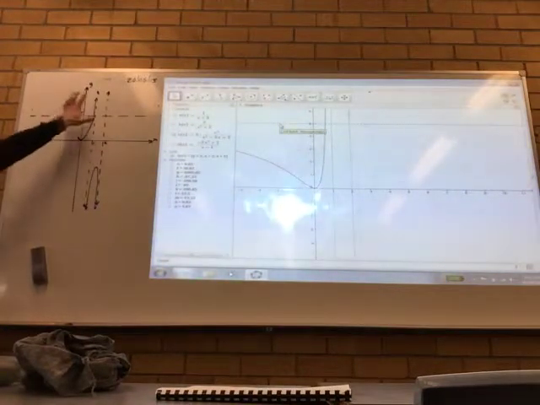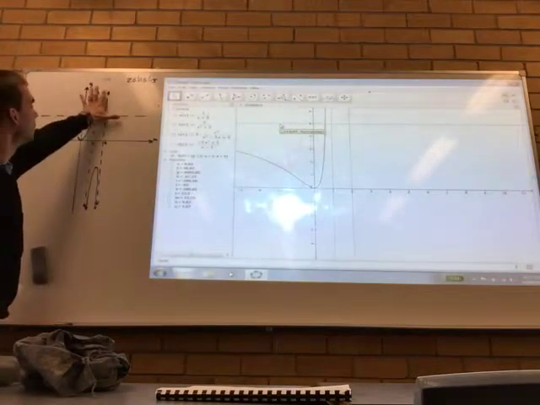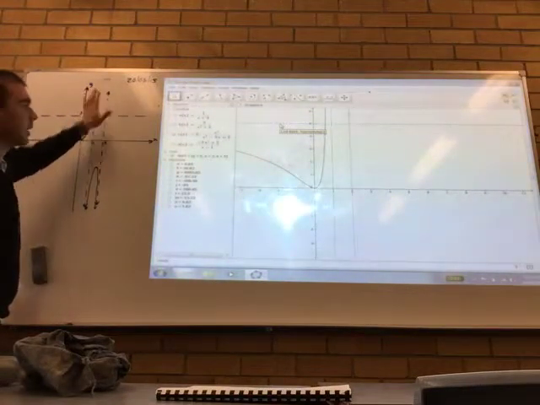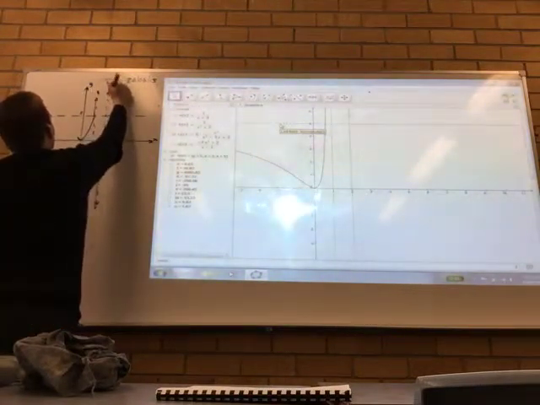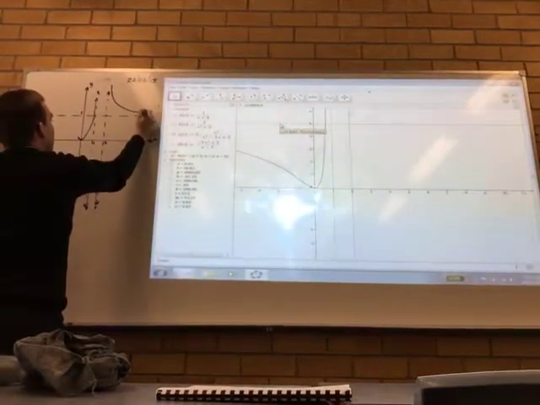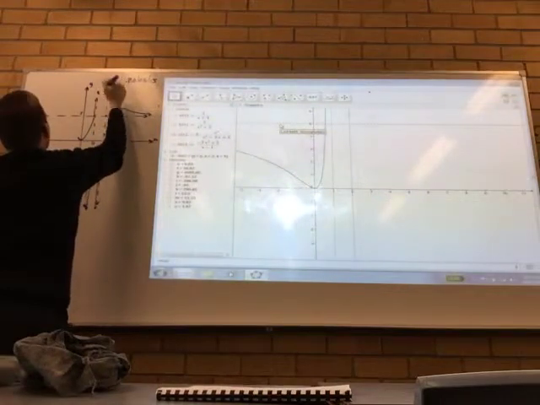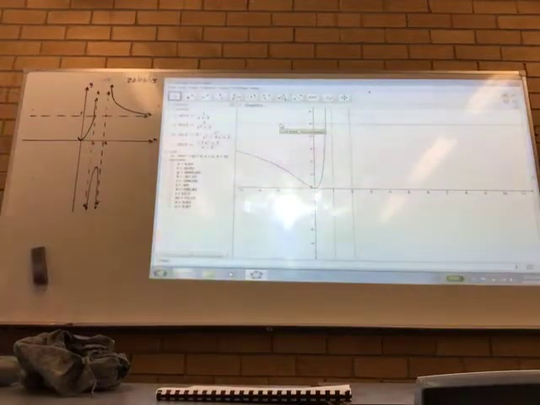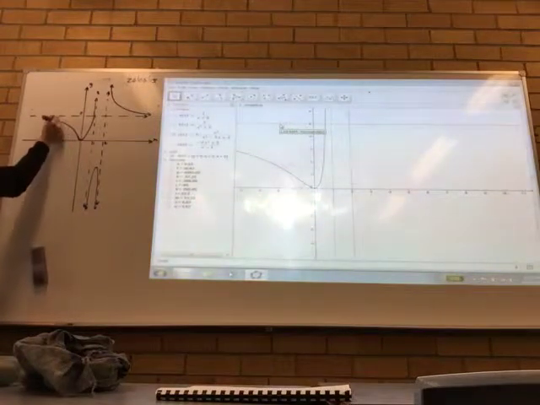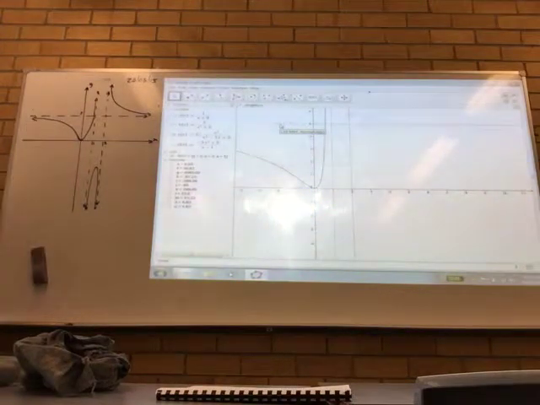And then from x equals 2 onward, the curve's going to be in that portion of your graph, and this one is going to increase until we're levelling out to the asymptote.